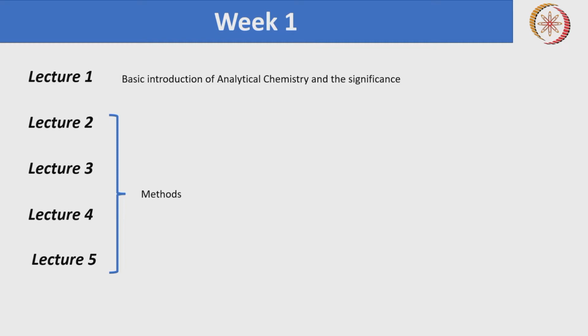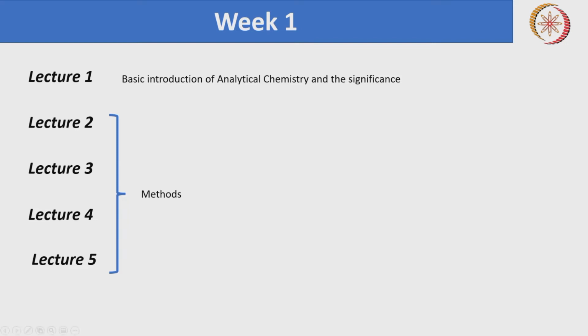In this first week, the professor discussed the basic introduction of analytical chemistry, its importance, and how we can use analytical chemistry knowledge in different fields, not only chemistry but also physics, engineering, and other fields.